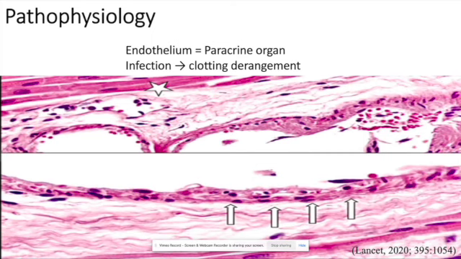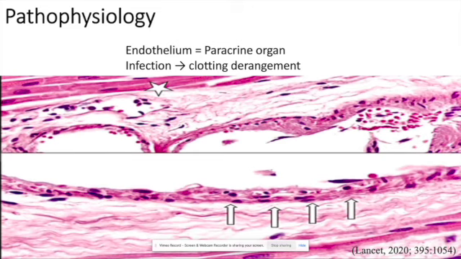An endocrine gland affects cells distant to itself, like the thyroid gland, like the adrenal gland, whereas a paracrine gland affects cells adjacent to it. Here, infection results in some delamination, shown by the arrows here, and then, as it disrupts the cell, you derange clotting.